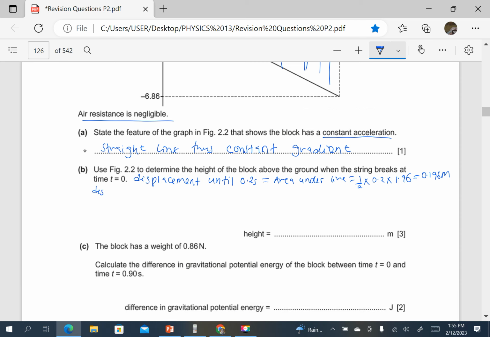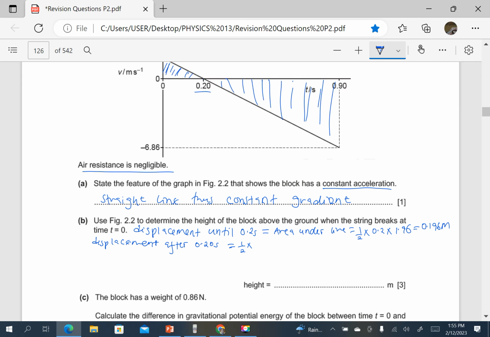Then we can find the displacement after 0.2 seconds, when it is returning to the ground. This is also an area under that line, which is a triangle, half times the base.